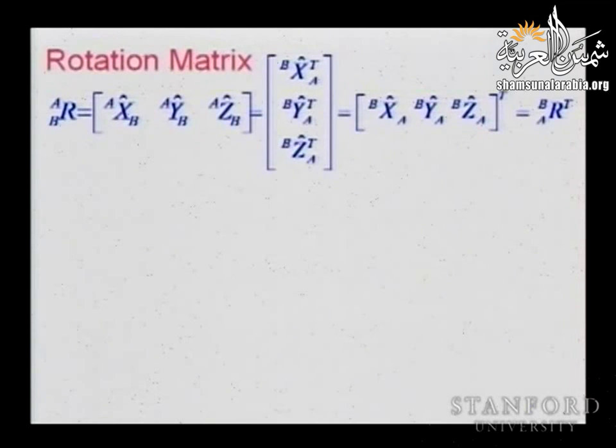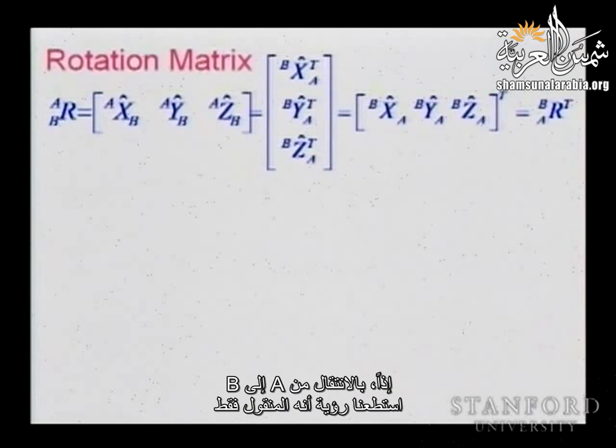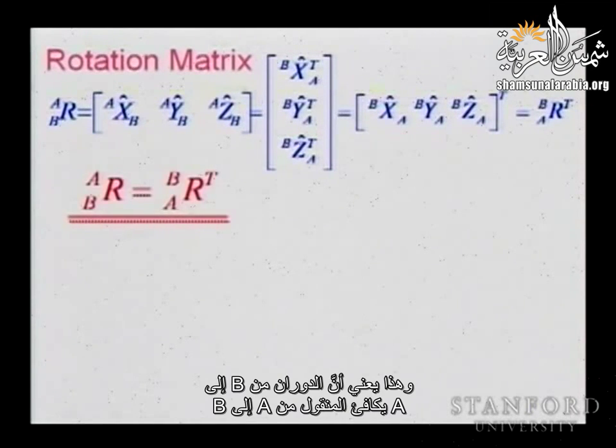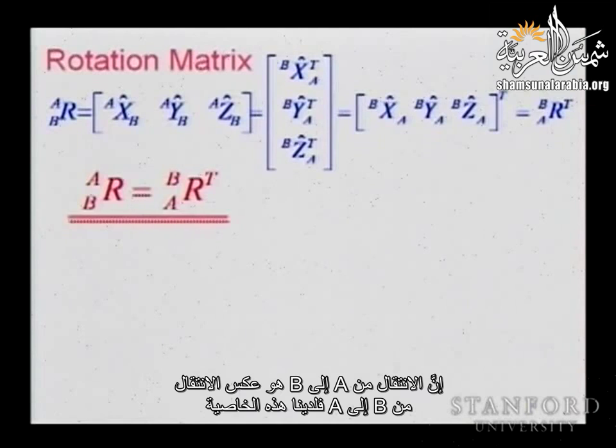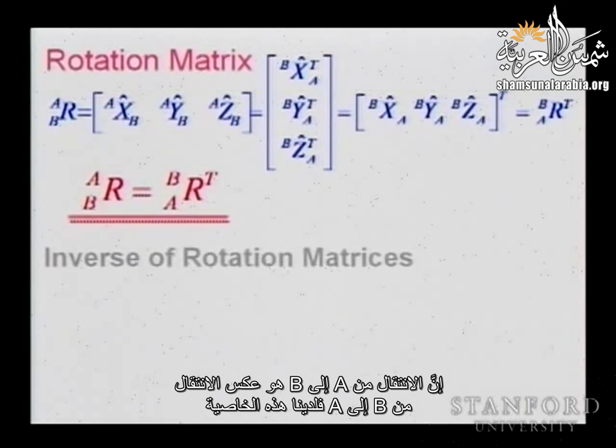Inverse relation. Going from B to A, going from A to B. So going from A to B, we are able to see that it is just the transpose, which means that the rotation from B to A is equal to the transpose of A to B. A to B is the inverse of B to A. So we have this property.